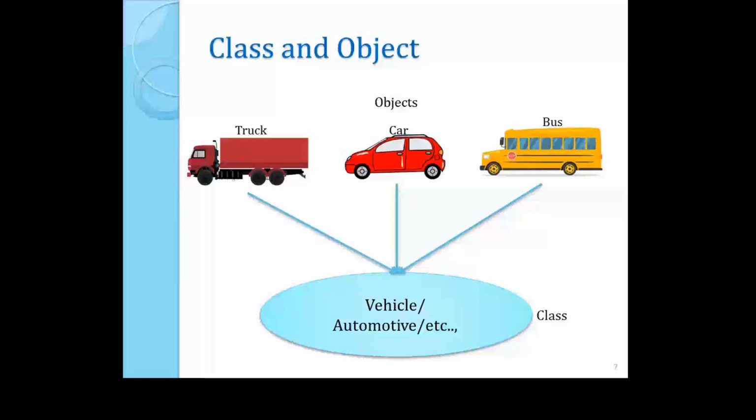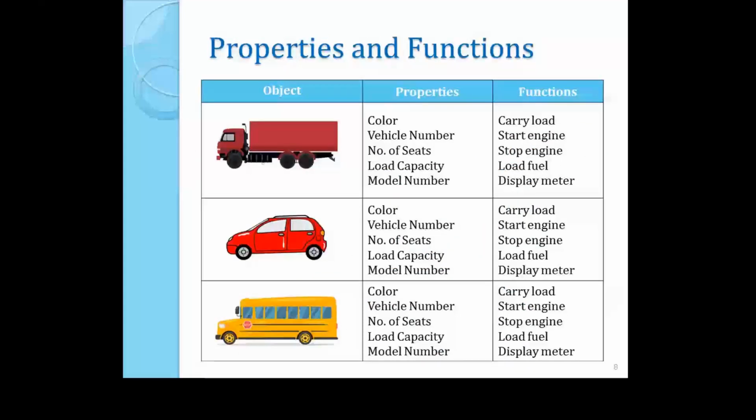Here, some of the properties of a truck: color is a property. The property is common. If you take a truck, the truck can be defined by using color. Similarly, a car I can define using color, and for a bus also there will be an attribute called color.